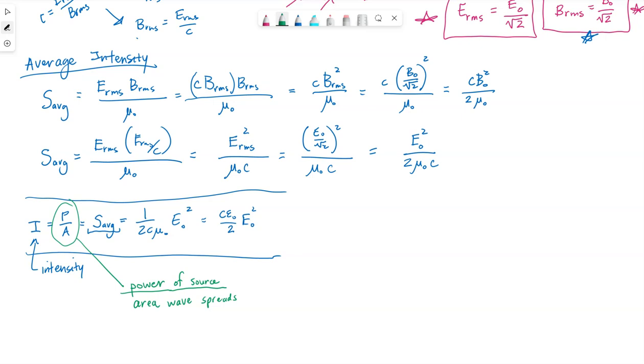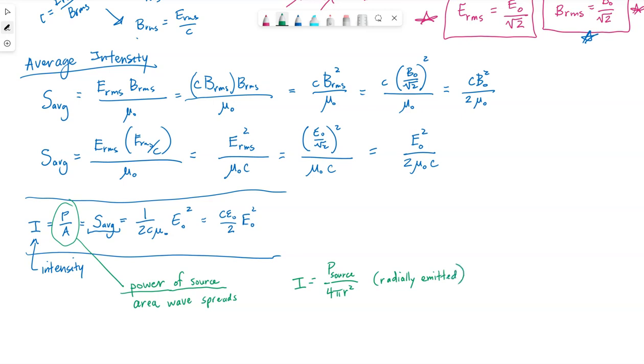You'll see in the test notes that I is equal to P source over 4 pi r squared. That's an r. And next to this says radially emitted.